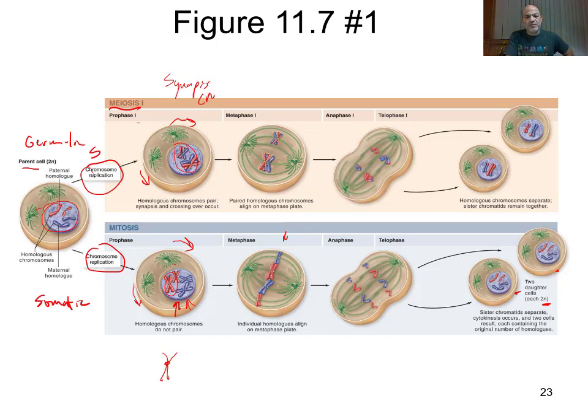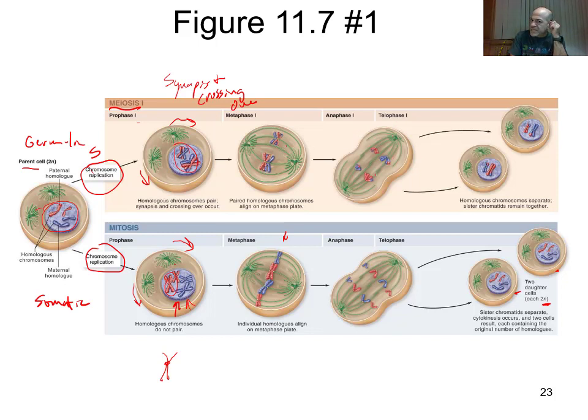Synapsis and crossing over. Then at metaphase, the tetrads stay together, and we're going to connect 1 chromosome to each pole only, rather than each chromosome to both poles. And then we separate during anaphase and telophase.